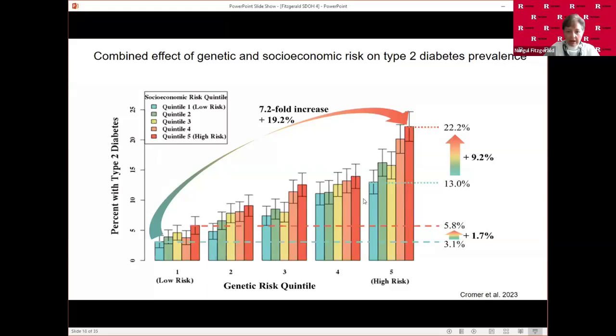When you go to the high genetic risk category, the difference between low and high socioeconomic risk is about 9.2, so much higher. So this also shows us that there is an interplay of these multiple factors, and in the case of the genetic factors, the effect of the socioeconomic risk is multiplied, and it gets larger and larger. It doesn't remain the same.